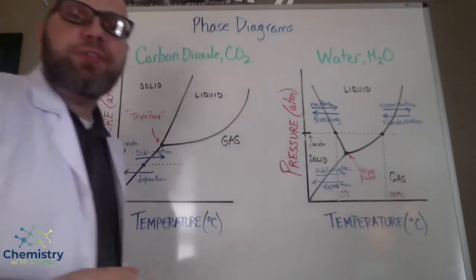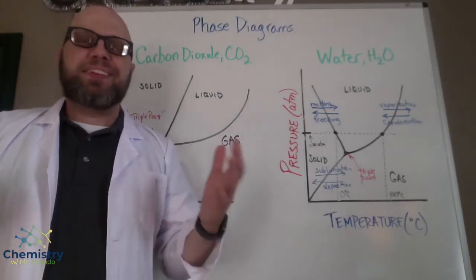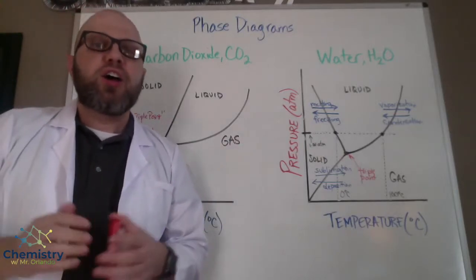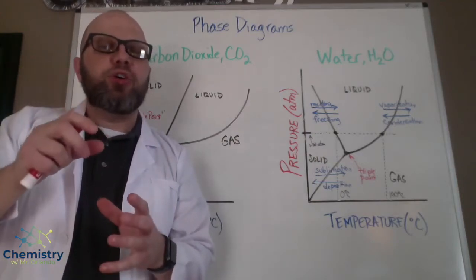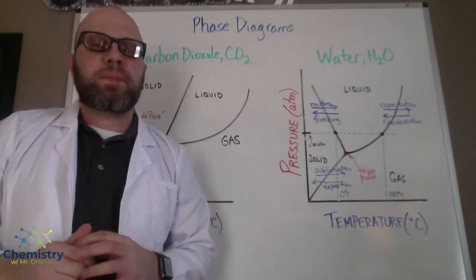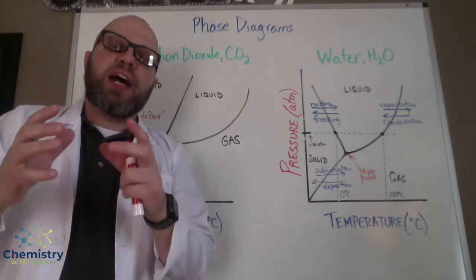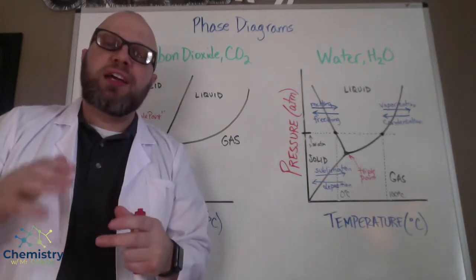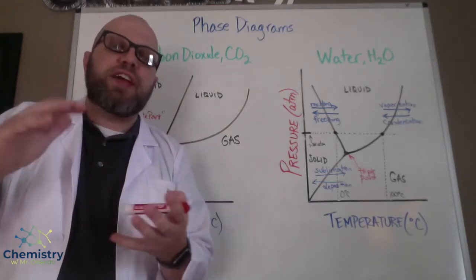I always get asked this question, what would a triple point look like? Well, it's not as great as you might think. So a triple point might just look like if you put an ice cube into a glass of water. So you would have the solid phase of the ice cube, you would have the water, liquid phase, and then above it, even though you couldn't see it, you have to believe that there's water vapor there.